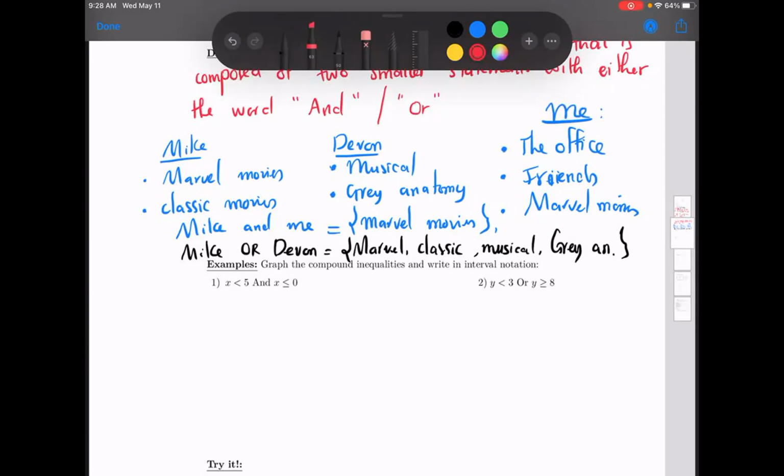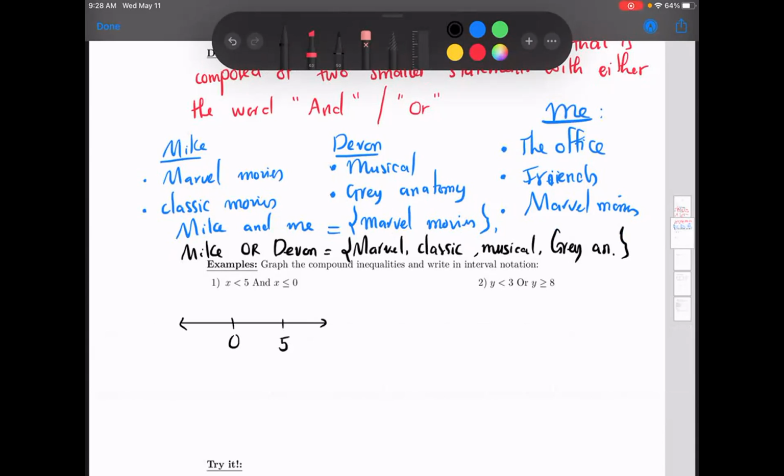Let's take a look at the first example. I have x is less than 5, and 5 and 0. Again, you have to put the numbers in order. So 0 comes first because it's smaller, and here is 5.